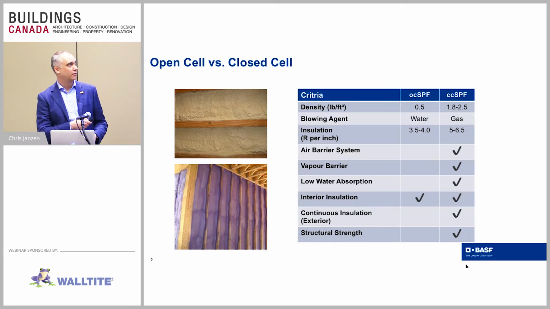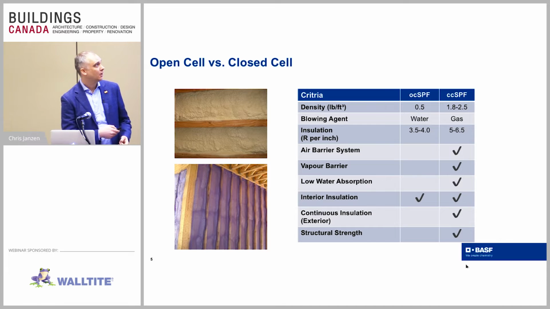Right now we're seeing R values getting up towards 6.5, but as the industry is moving over to the next generation blowing agents to meet our 2021 Montreal Protocol requirements with low GWP emissions, then the foam's going to start coming down to around that 5.5 per inch range. And that's just because it's the nature of new chemistry, or the new blowing agents in there. They just have a little bit lower R value in them.